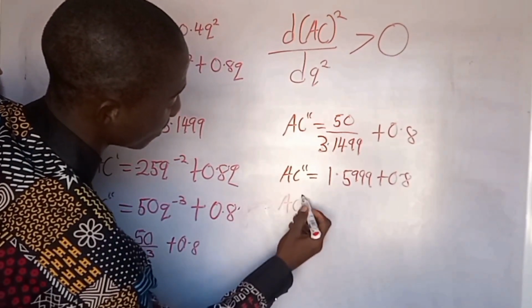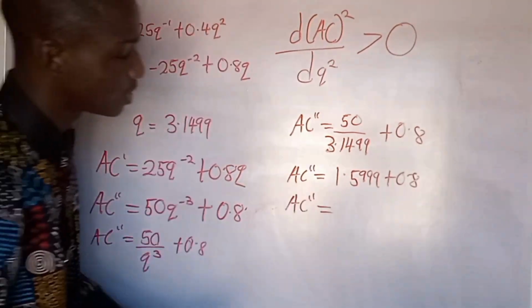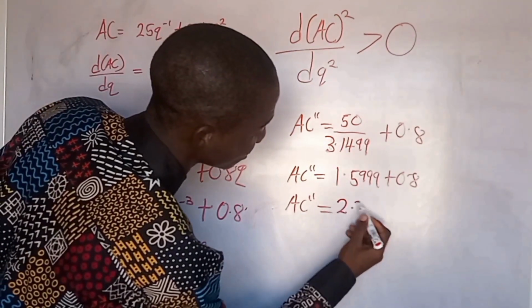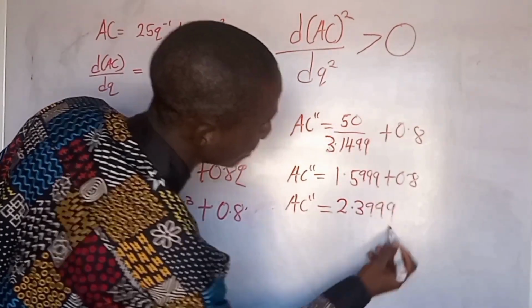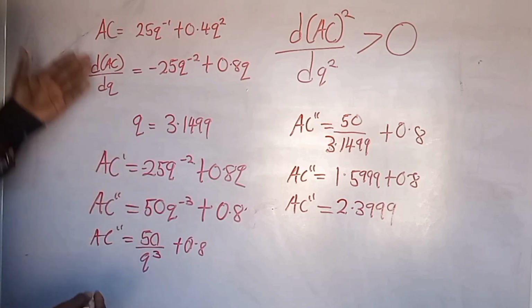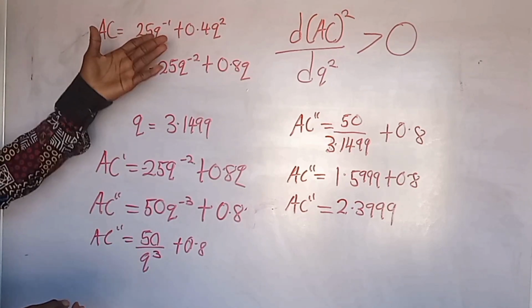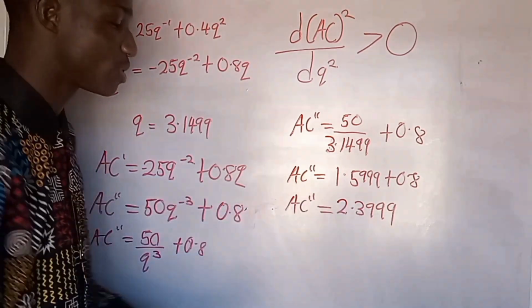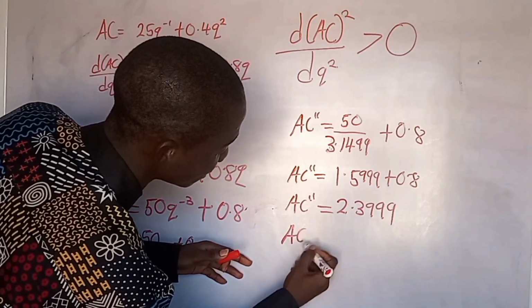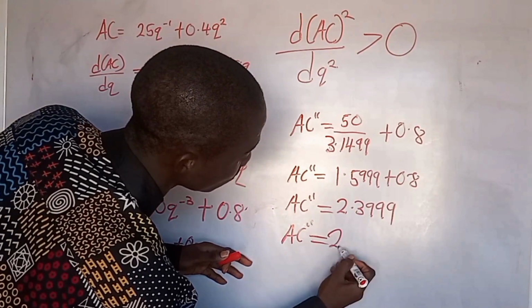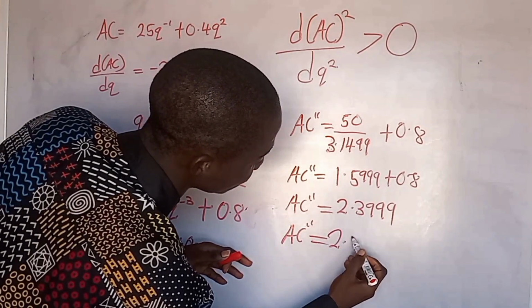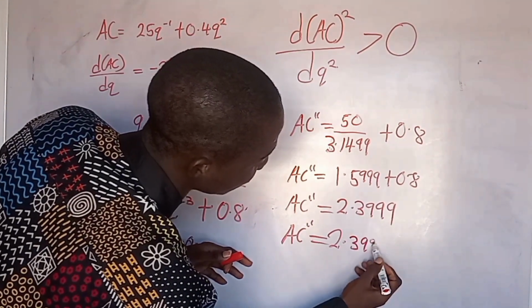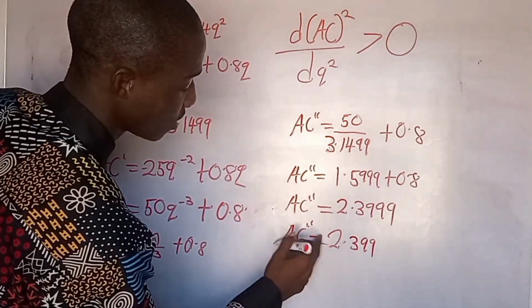So the value of the second derivative of AC is 2.3999. So therefore, the minimum point of this average cost function is 2.3999. You can proceed to approximate to 2 decimal places. You can proceed to approximate if you want.